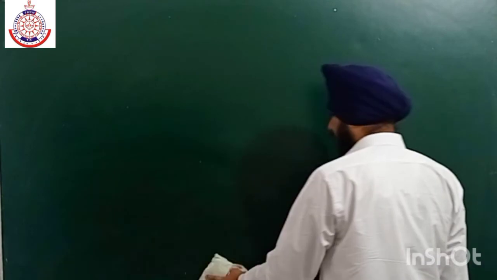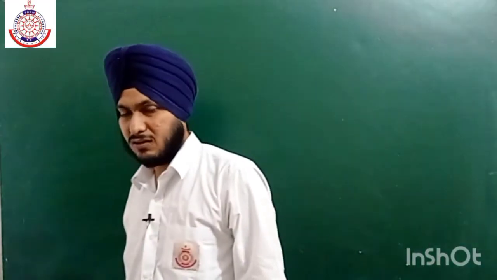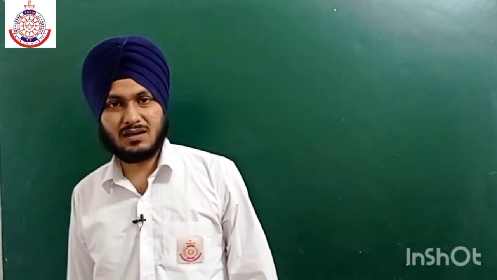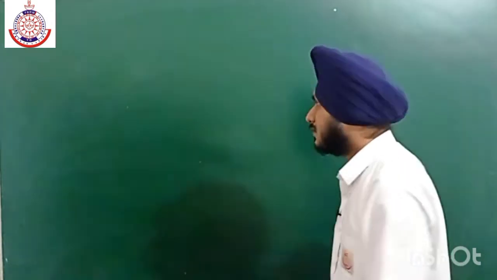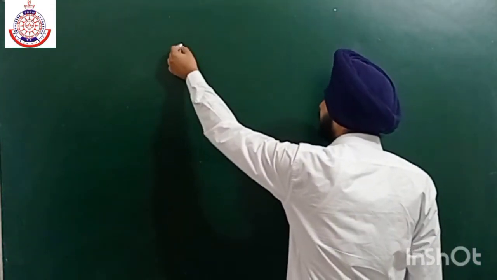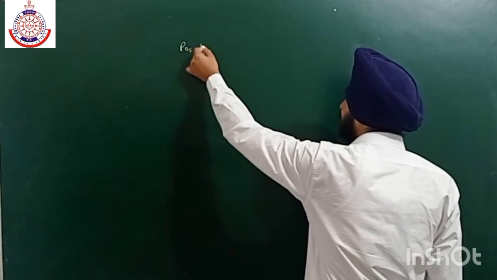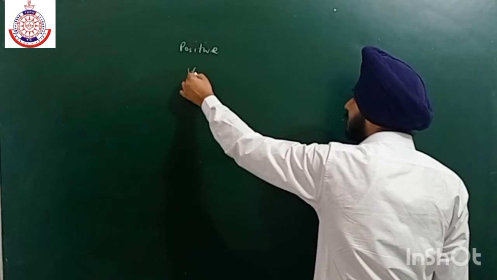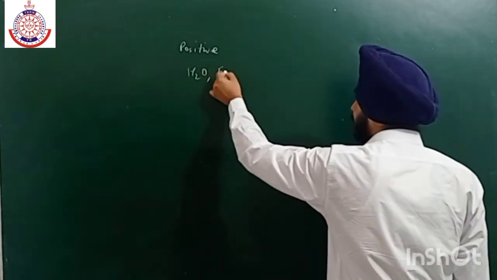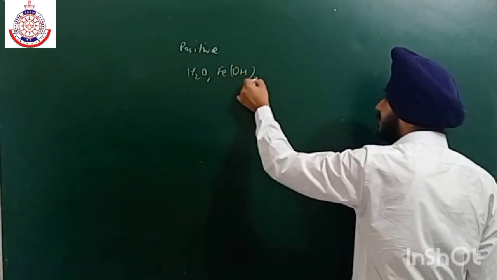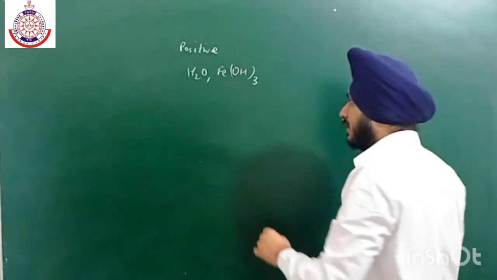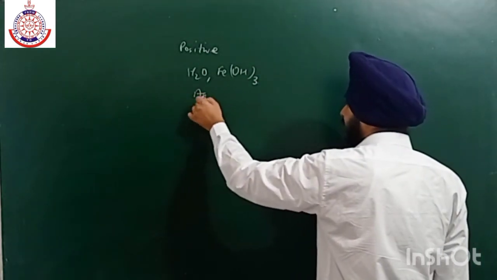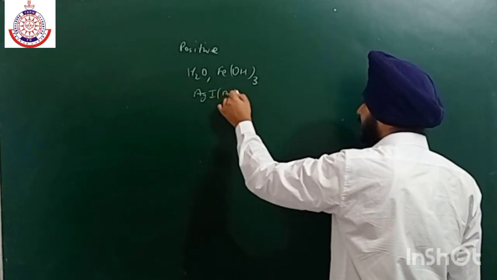Now next is electrophoresis, a very important topic. But first we move on to the coagulation part. Firstly we will discuss some examples. If we have a positively charged colloidal solution, for positive we have water, Fe(OH)3. These are some examples of positive. Similarly AgI when AgNO3 is in excess.